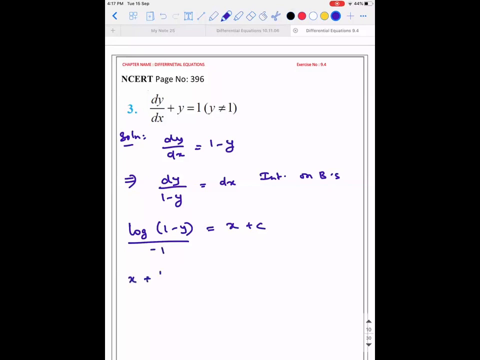So you will have x plus log of 1 minus y plus c is equal to 0. So just verify the final answer.